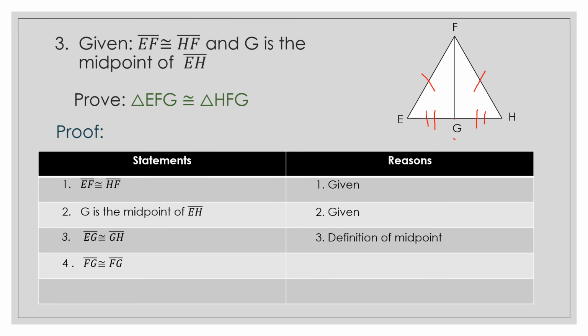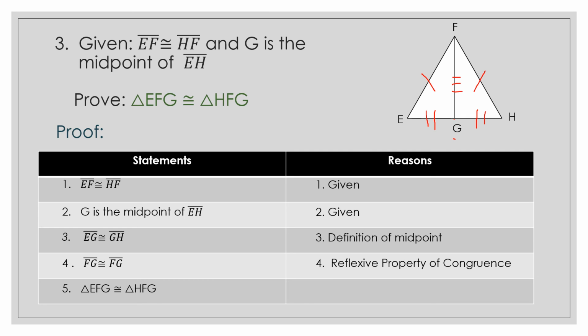Next, segment FG. This one, look at our illustration. We could say that segment FG is congruent to segment FG. And what is our reason for that? Very good, reflexive property of congruence. And so by looking at all our statements and reasons, we can prove that triangle EFG is congruent to triangle HFG.